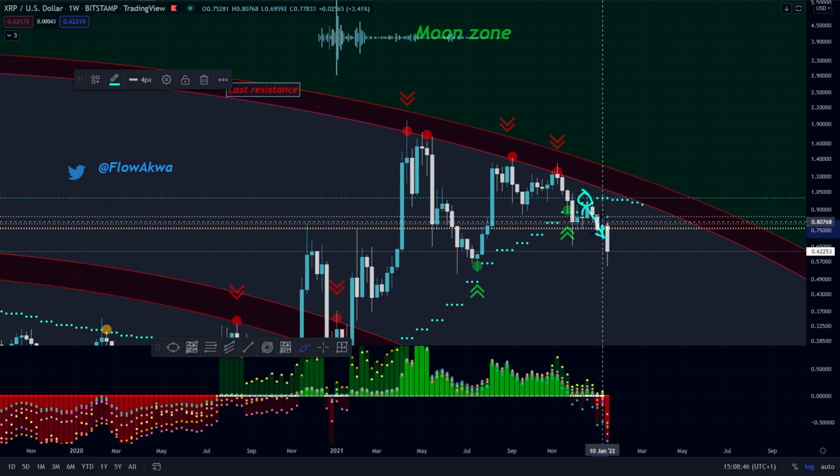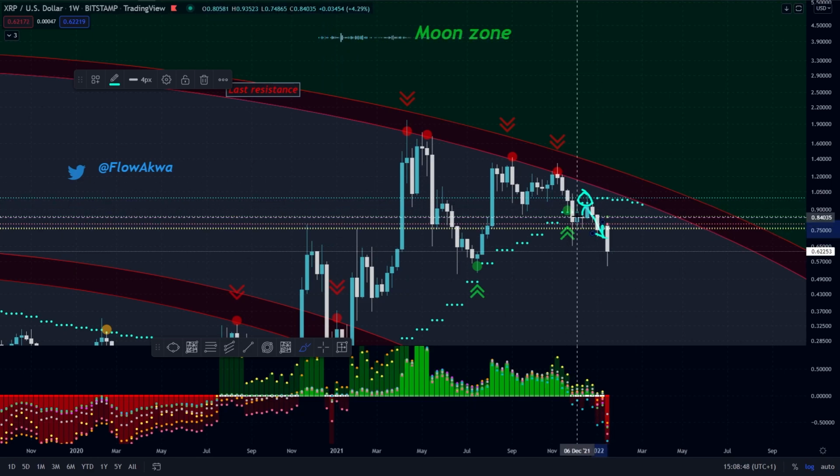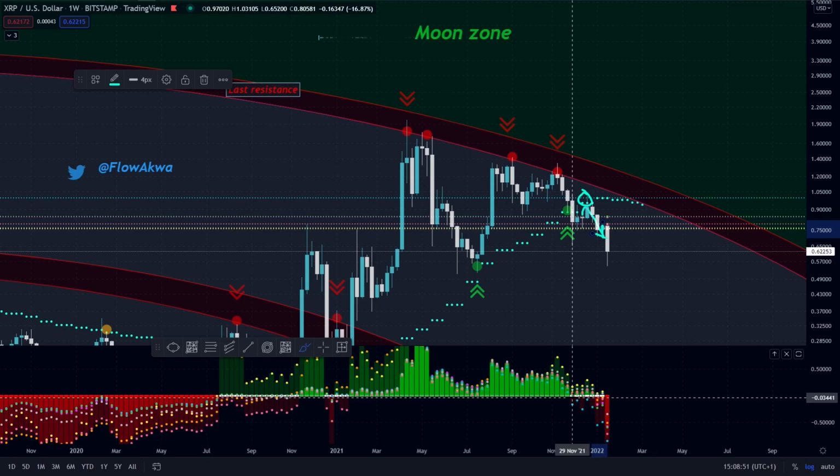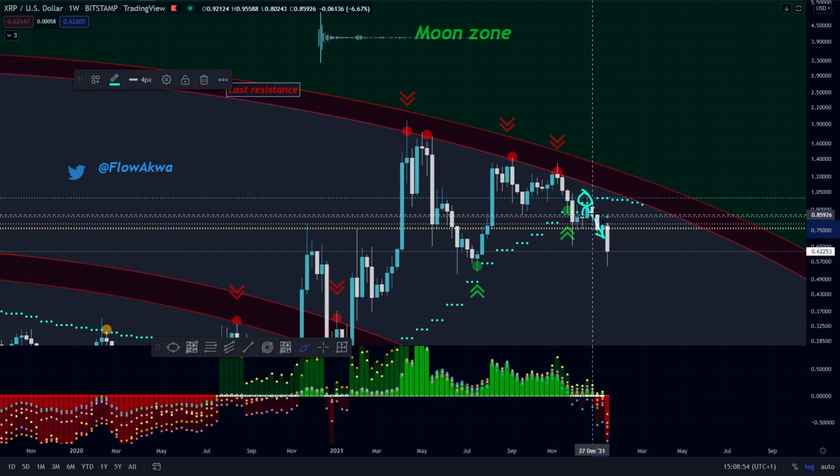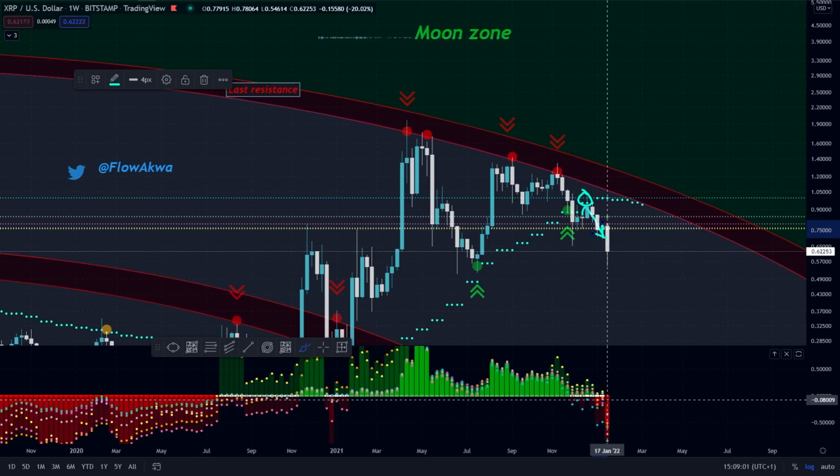But for now, as you see, we were ranging into the band for multiple weeks in a row. And for the first time, XRP is about to close below the band. That's why here we have a red line.